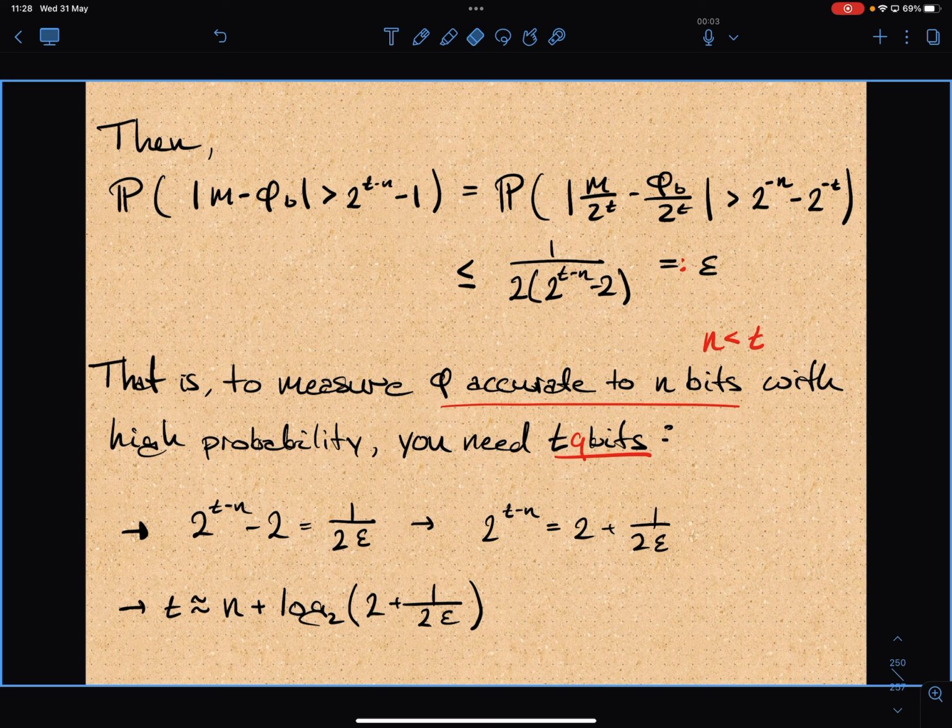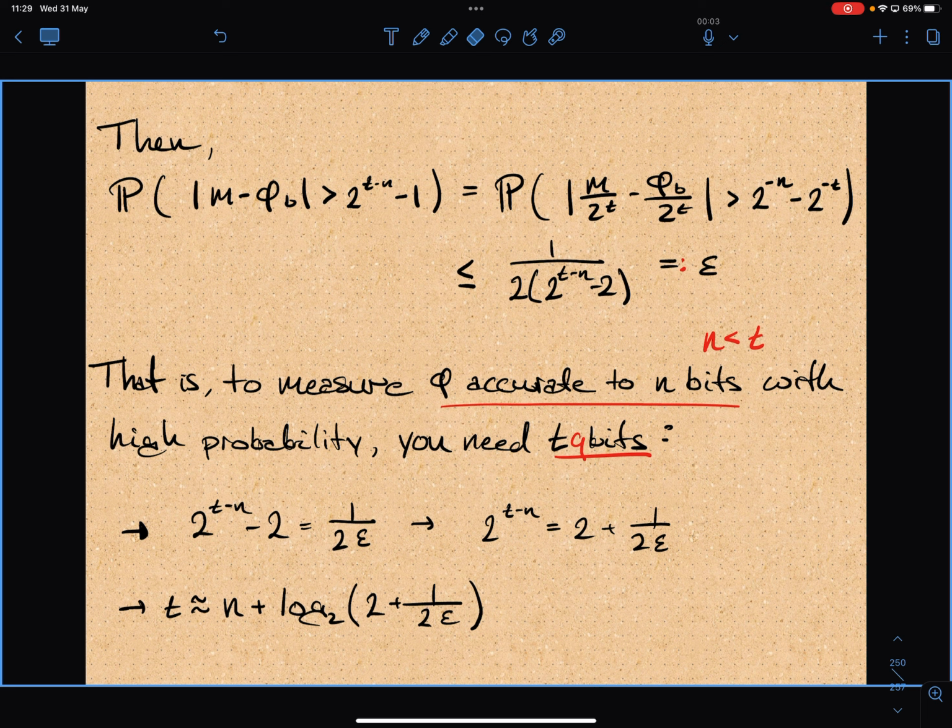So for instance, if you want the probability of error to be equal to 0, so if you fix n, the accuracy that you want in the number of bits, and you want it to be 100% accurate, then you need to send epsilon to 0. And that means that the number of qubits that you need, t, is going to go to infinity. So you need an infinite number of qubits to actually measure the phase accurate to n bits.